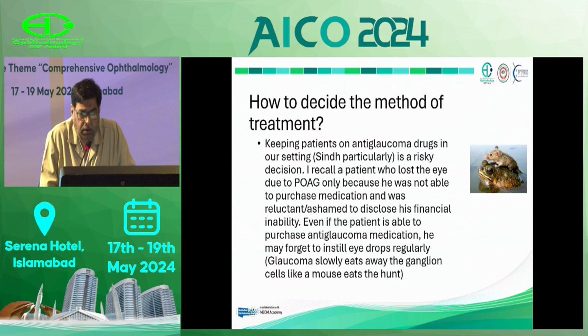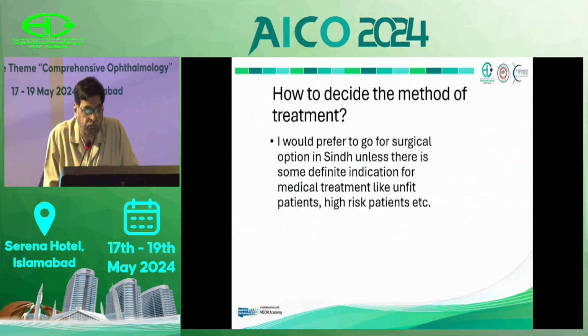I recall a patient who lost the eye due to primary open-angle glaucoma only because he could not afford the medication. And the other thing is compliance. I would prefer to go for the surgical option in Sindh unless there is some definite contraindication.